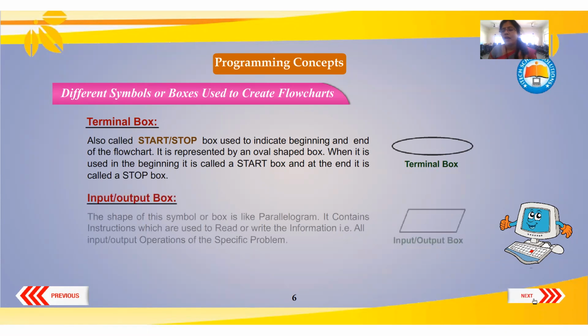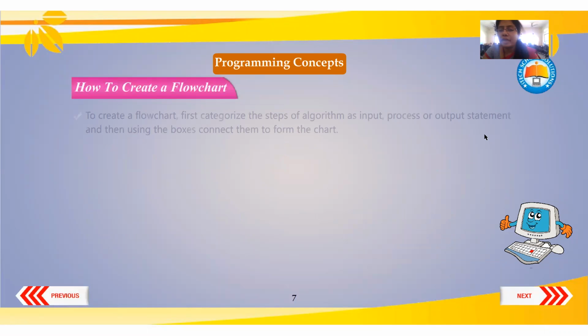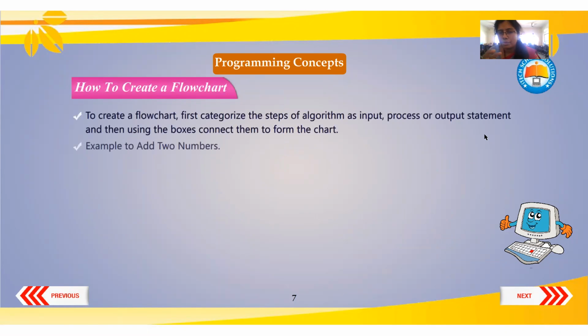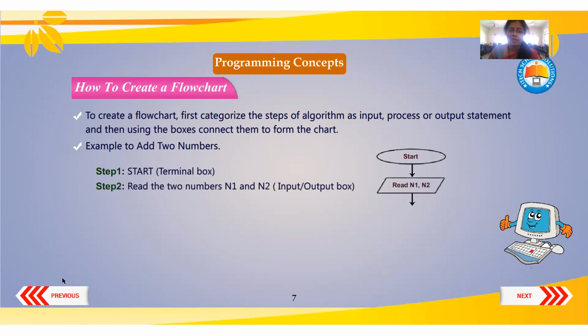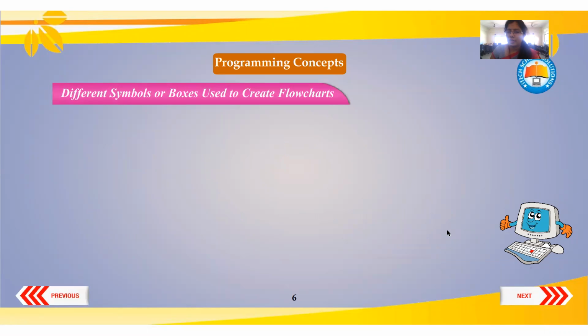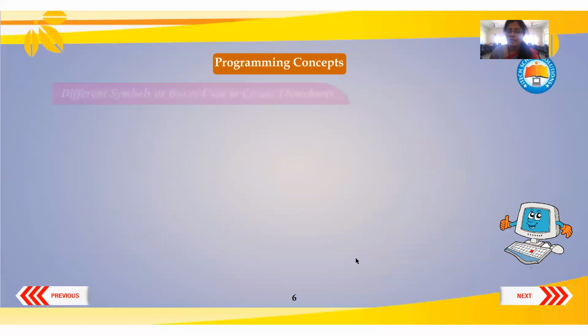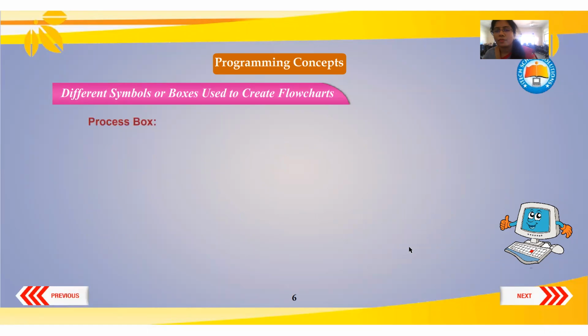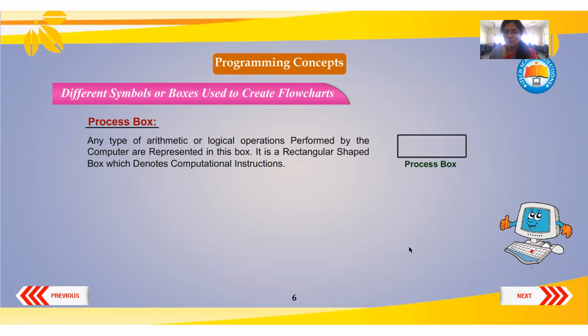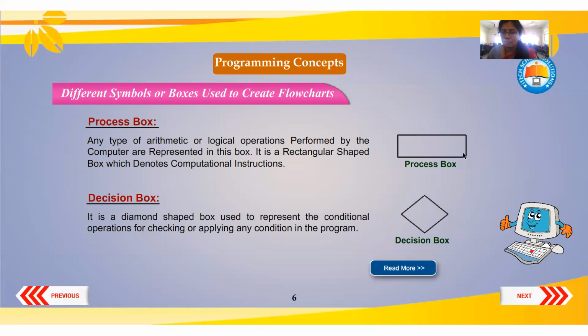And then the procedure you follow to go to the grocery: you will get out of your house, travel a distance, reach the grocery shop and do all the purchasing. So this procedure will come into the process box.